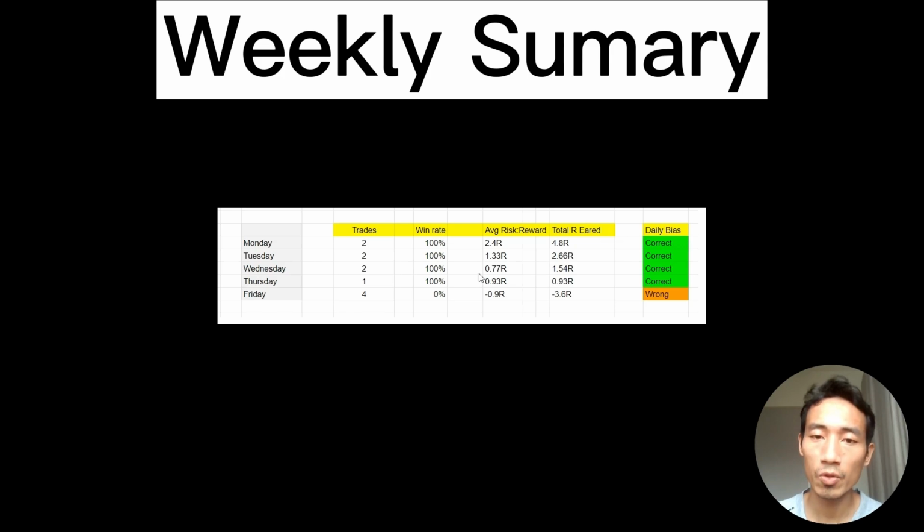On Wednesday, I should have held around 3 hours, I think, or even more. But I closed sooner. And obviously on Friday, I didn't accept the fact that I was wrong. My bias was wrong. So I just kept trading, opened more trades than I should, overtrading, married to the bias, and I got a losing streak.